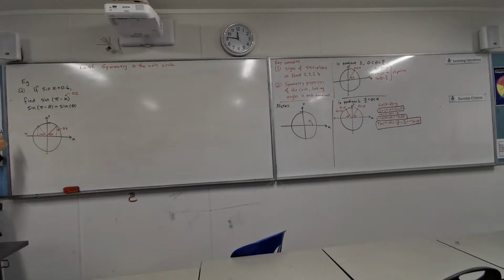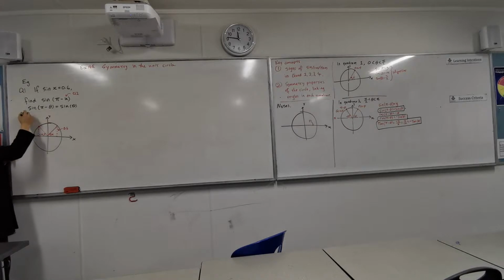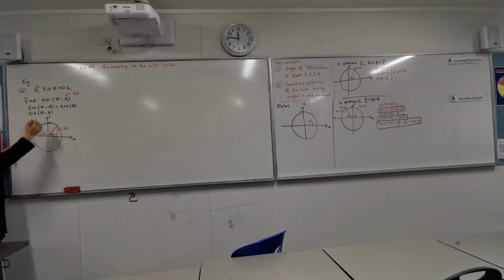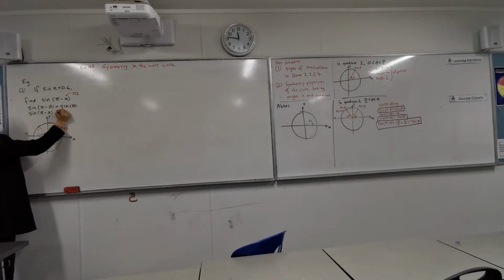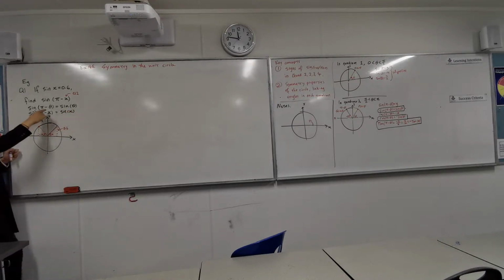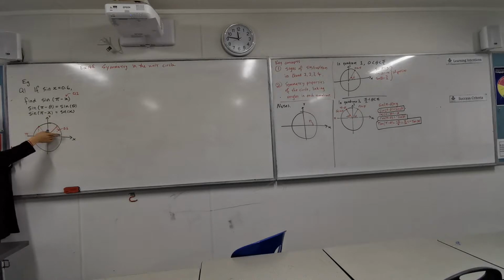Okay, now in this case, we know that sine of pi minus x is equal to sine of x. All I've done is I've replaced theta with x, because theta can stand for any angle, but x is a particular angle.